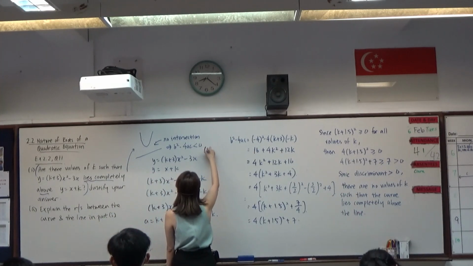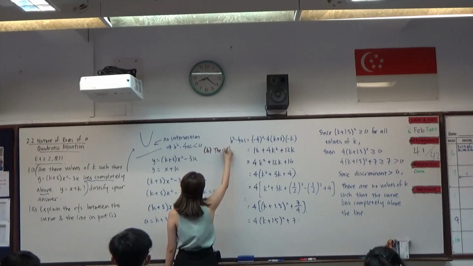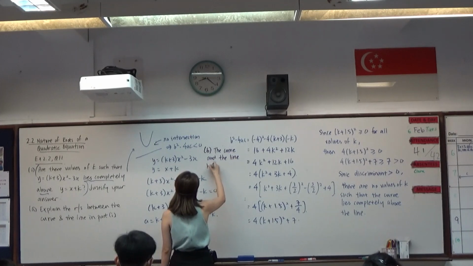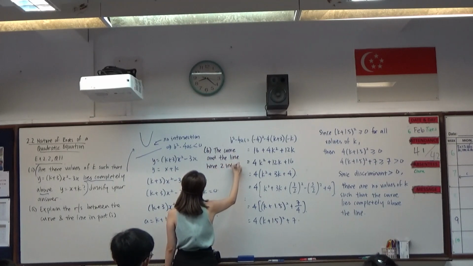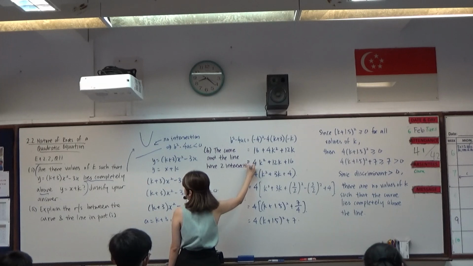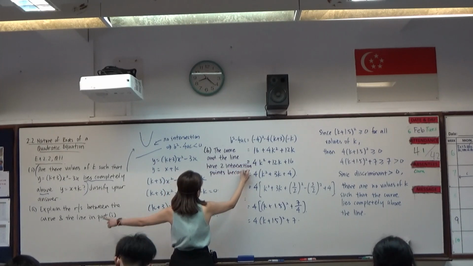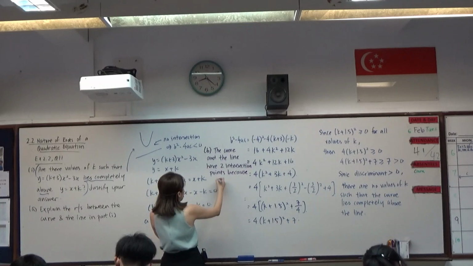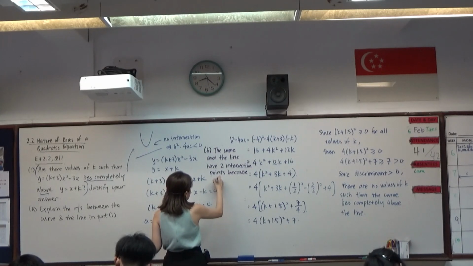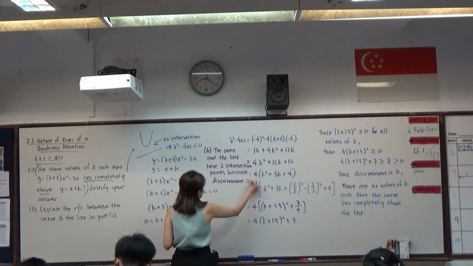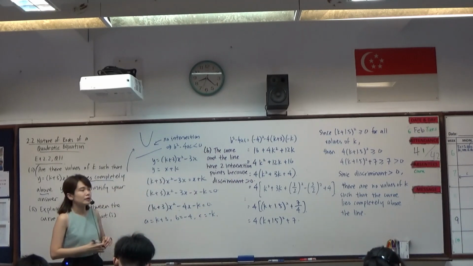B. The curve and the line have 2 intersection points. Because the question asks to explain, we need to say why: because the discriminant is more than 0.